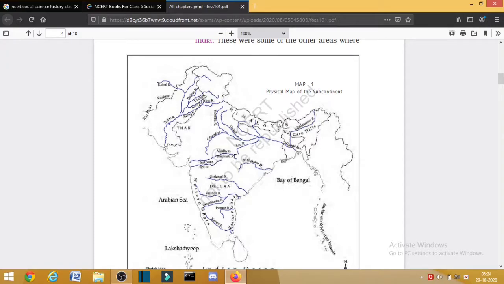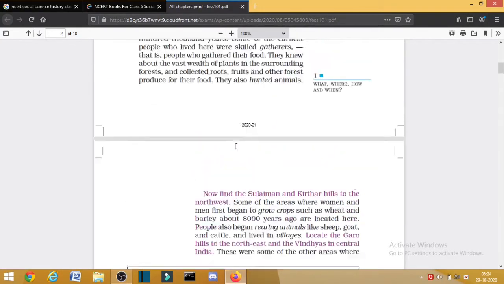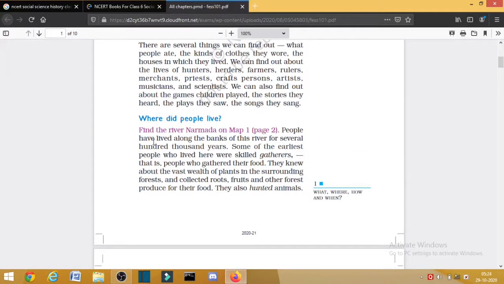Here, children, this Narmada River in India map. People have lived along the banks of this river for several 100,000 years. Bank means the side of a river.